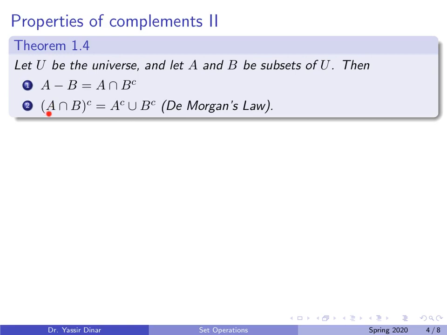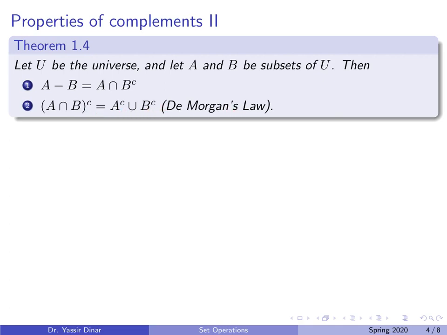The second property says that the complement of A intersection B is equal to the first set A complement union the second set B complement, and this law is called De Morgan law.